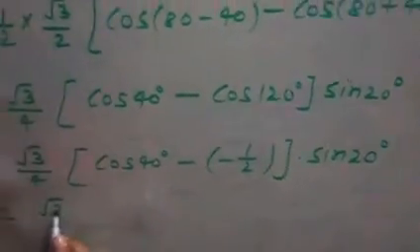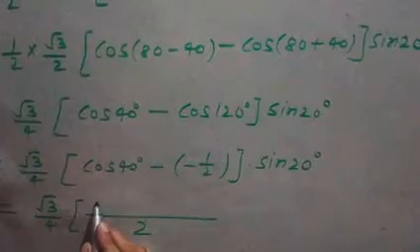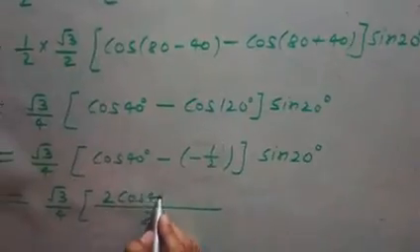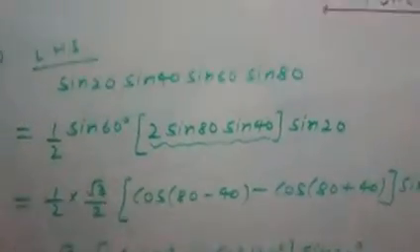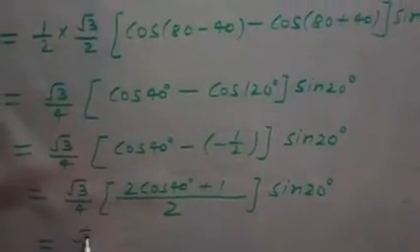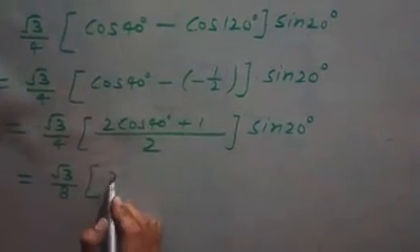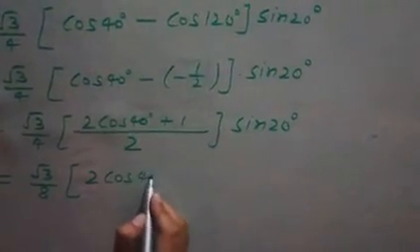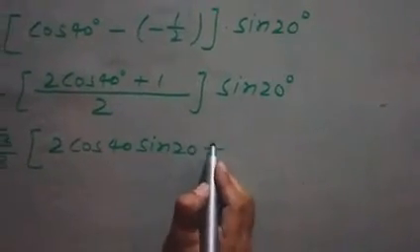So here root 3 by 4, we will take the LCM 2, here 2 cos 40 plus 1, and here is sin 20 degree. Now root 3 by 8, here we multiply this: 2 cos 40 sin 20 plus sin 20.